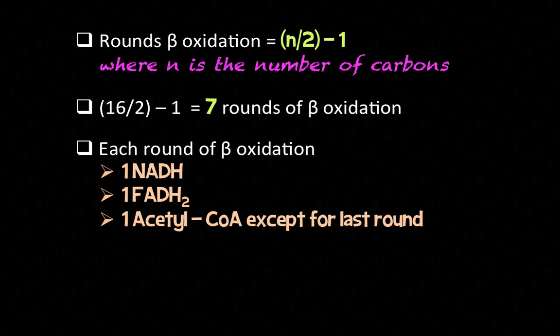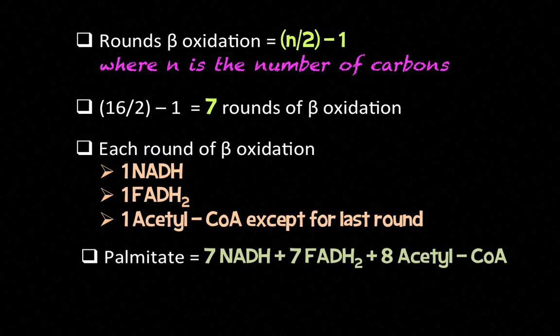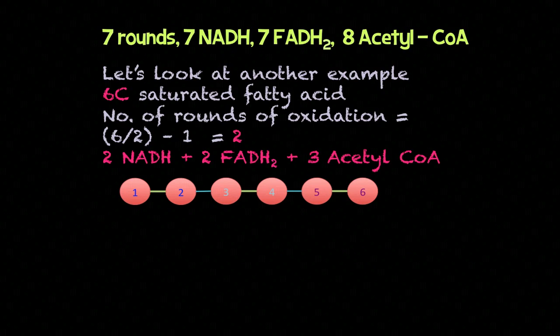So based on this, we have 1 palmitate giving you 7 NADH, 7 FADH2, and 8 acetyl-CoA. So let's see, we have 7 rounds of beta oxidation, we have 7 NADH, 7 FADH2, and 8 acetyl-CoA. Wait a minute, 7, 7, 7, 8?